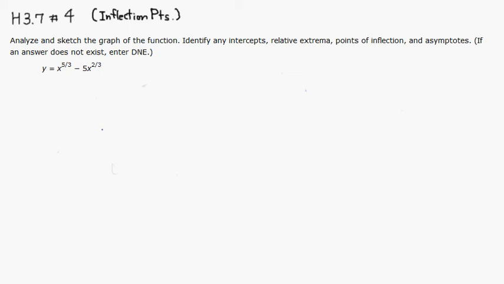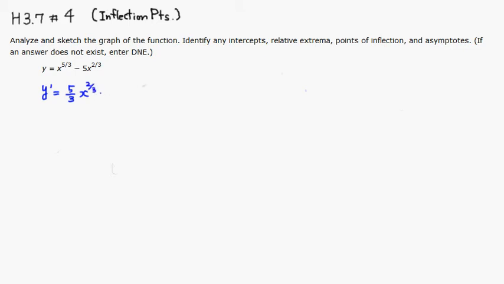Okay, let's look at homework 3.7 number 4, finding inflection points. All right, so we need to find the second derivative, so we take the first derivative first. So y prime is equal to 5/3 in front, and then x, subtract 1 from the power, so you have a 2/3 power.